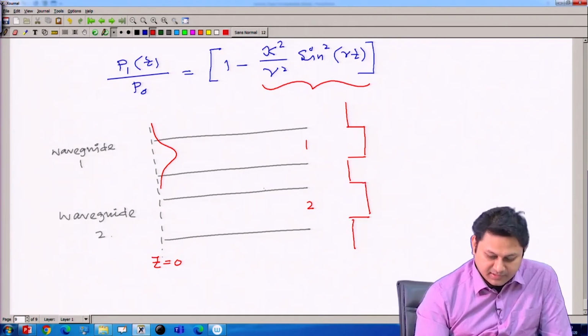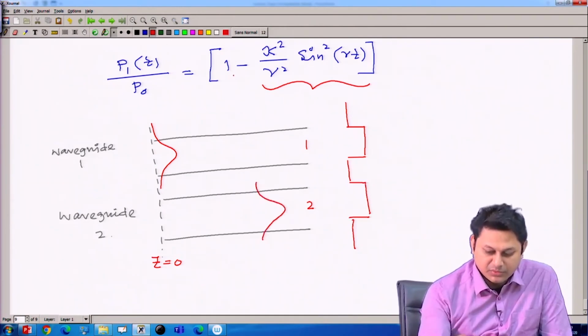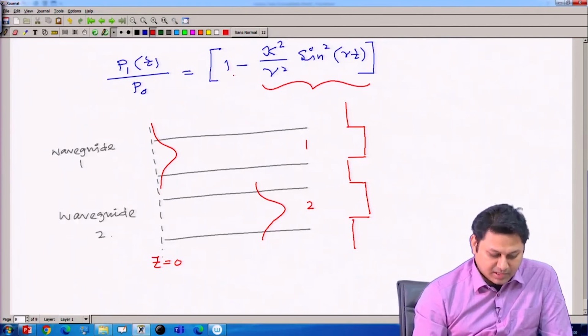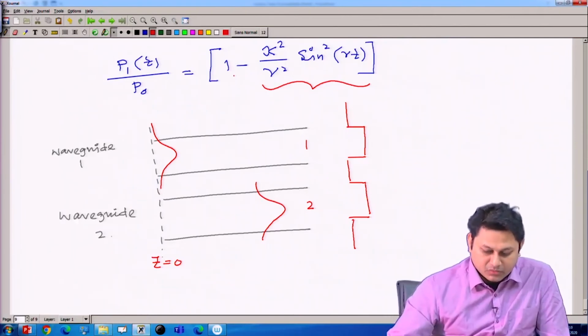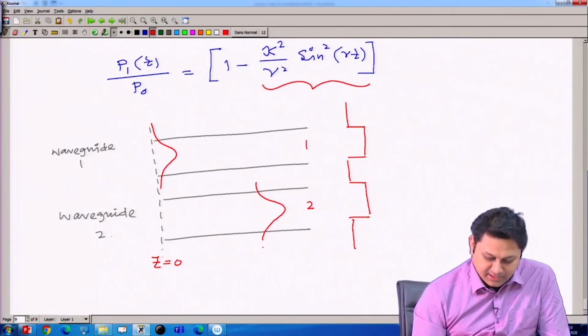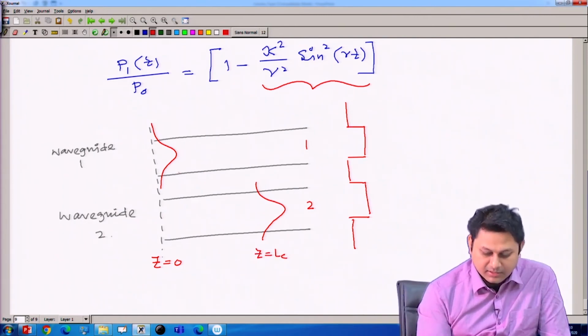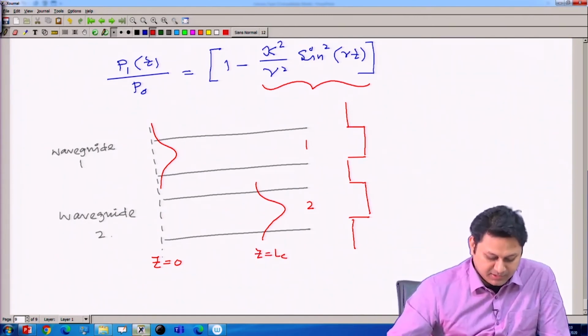After a certain distance, there is a possibility that this field will come here, because my power is going to change sinusoidally. So, at a certain length z equal to, say, L c, the power will come here. So, this is basically the switching we are talking about.